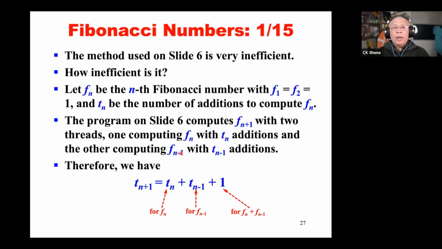Now, let's analyze how inefficient the method we use on slide 6 is. Let's say Fn be the nth Fibonacci number with F1 equals 1, F2 equals 1. Let Tn be the number of additions to compute Fn.